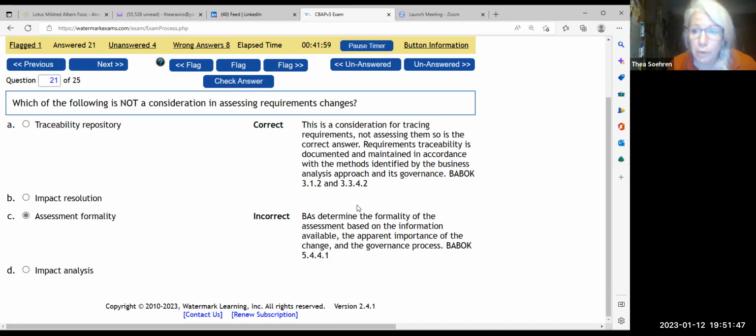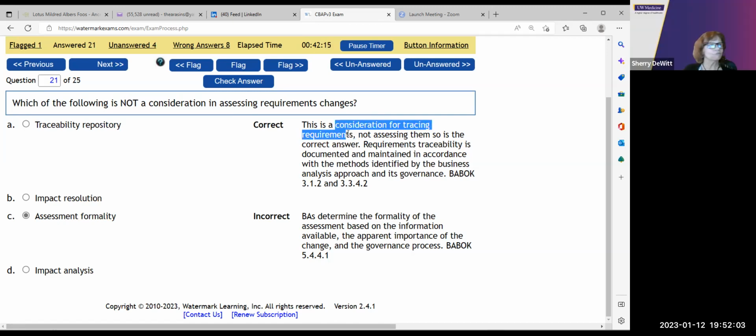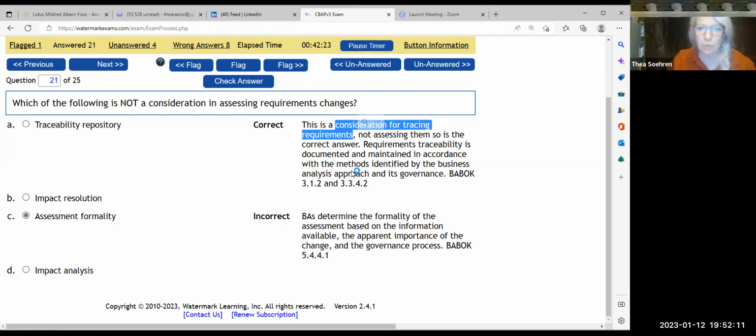So traceability repository is a valid thing according to the BABOK, but it is not used in assessing requirements. You wouldn't use it because it's for tracing requirements, but not assessing requirements changes. So we use it for tracing requirements, but we don't use it to assess requirements changes.